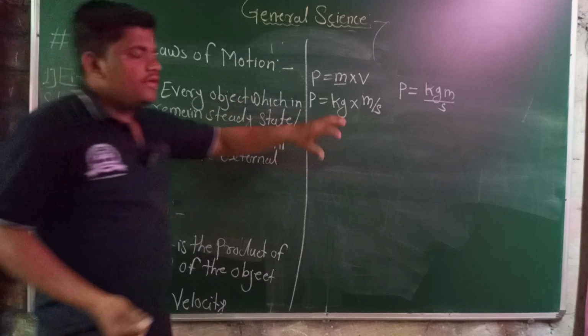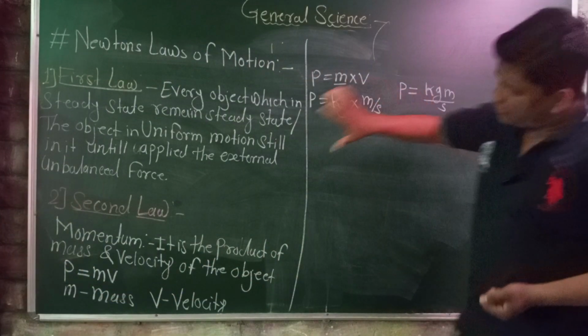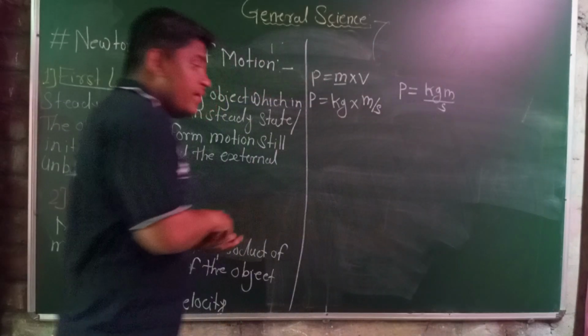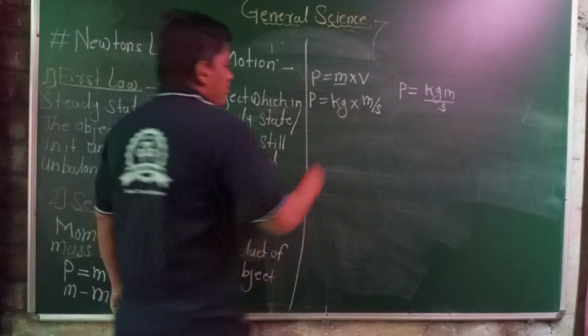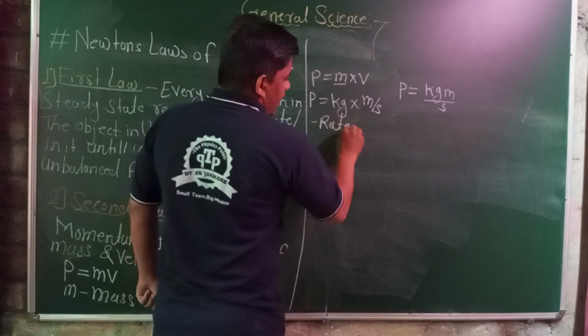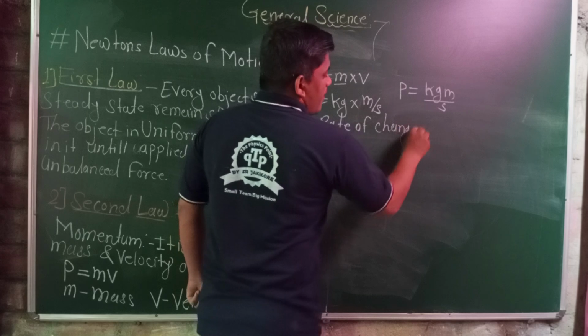Why do we need knowledge about momentum? For the discussion of the second law. The second law states that the rate of change of momentum is equal to the external force on the body.